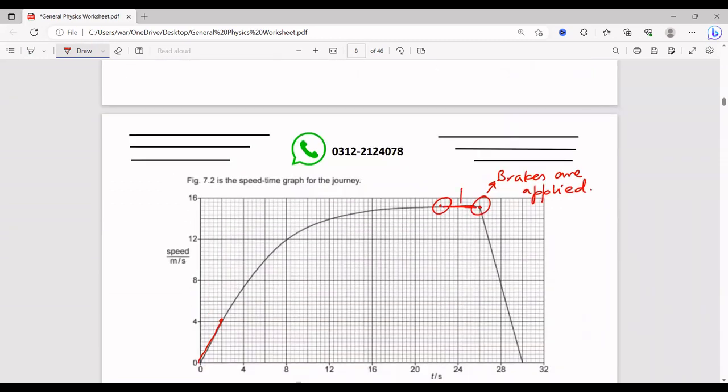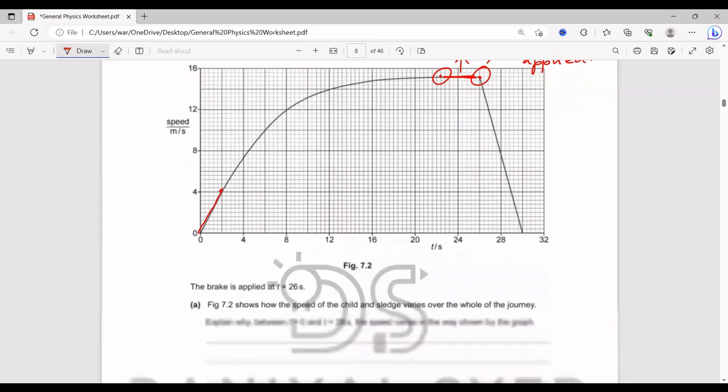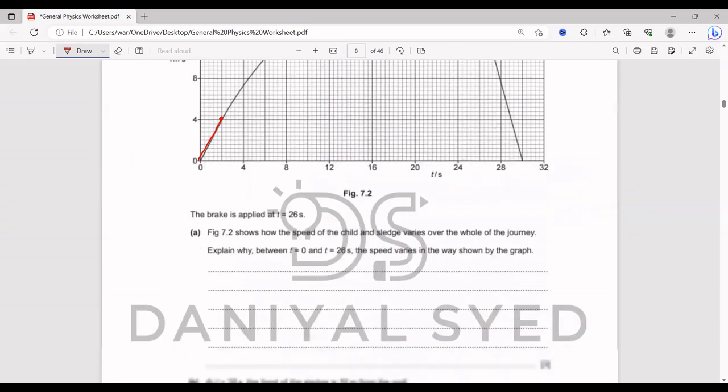So this is the portion of the graph where acceleration is 0, bacho. Okay, so you have to explain why the speed varies in the way shown by the graph.